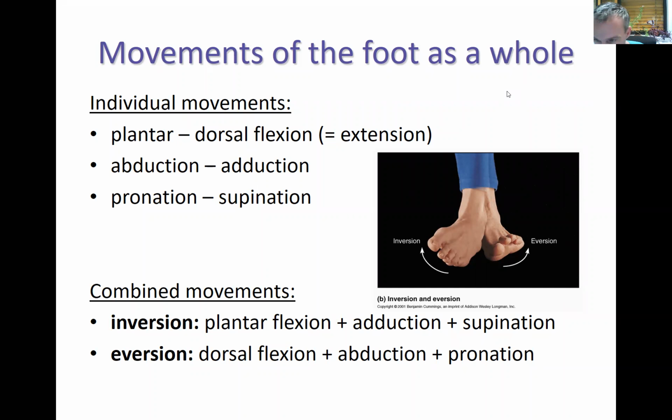Okay, we have talked about all the joints and ligaments, and now the movements. The movements are usually a combination. So of course, plantar and dorsal flexion. I can use my hand as my foot. So imagine that my forearm is the leg and my hand is a foot. So what I can perform is the dorsal flexion and plantar flexion. That's very easy. Then I can perform abduction and adduction.